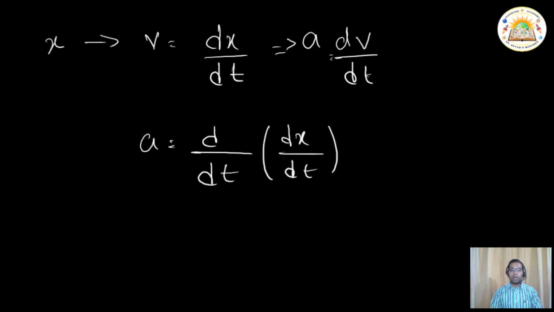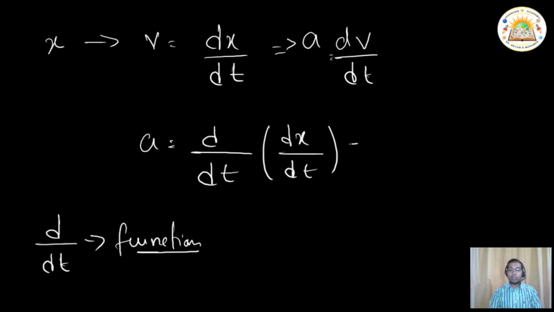Now here please keep this in mind, d by dt is an operator. It is not an algebraic expression, rather it is like a function, just like how we have sine, cos, tan, the trigonometric functions. This is a differential function. So acceleration can now be written as d square by dt square of x. That means you will differentiate displacement along the x-axis twice to find the acceleration along the x-axis.